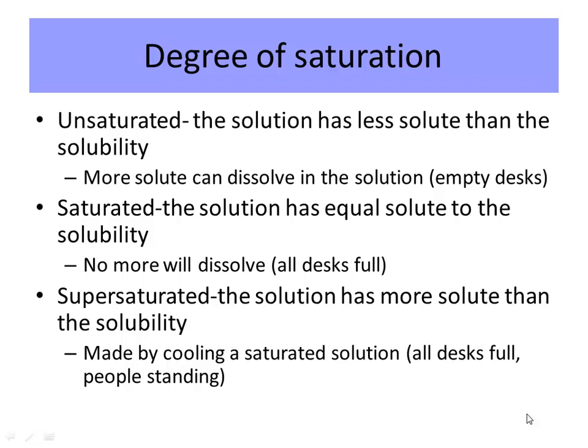An unsaturated solution is a solution that has less solute than the solubility. The solubility, guys, remember, is like the number of seats in a classroom. So if it's unsaturated, it has fewer people than seats. So it still has seats that are open.